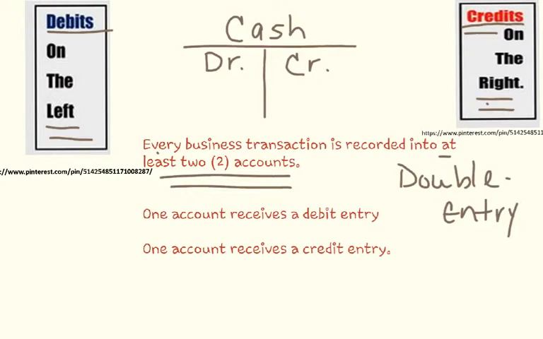So each time you analyze a business transaction, one account receives a debit entry and one account receives a credit entry. Now, if you remember back to the worksheet, we were using plus and minus. Now we're going to use a T account and do debit and credit.